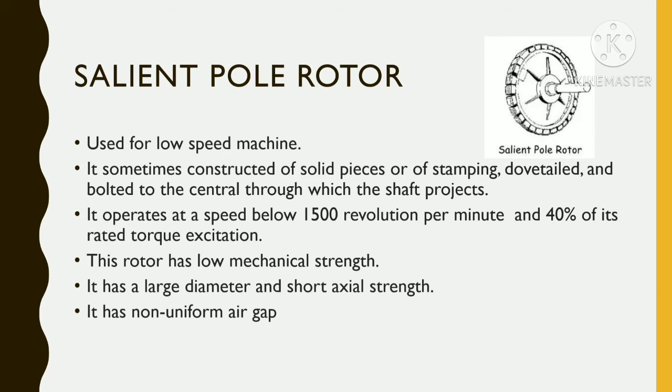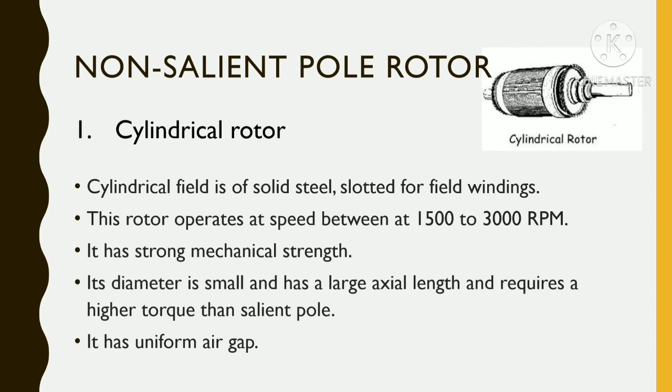Next naman is non-salient pole rotor. Kadalasan, tinatawag din itong cylindrical rotor. Define ko na. Cylindrical field is solid steel slotted for field windings. Next, this rotor operates at a speed between 1,500 to 3,000 RPM.